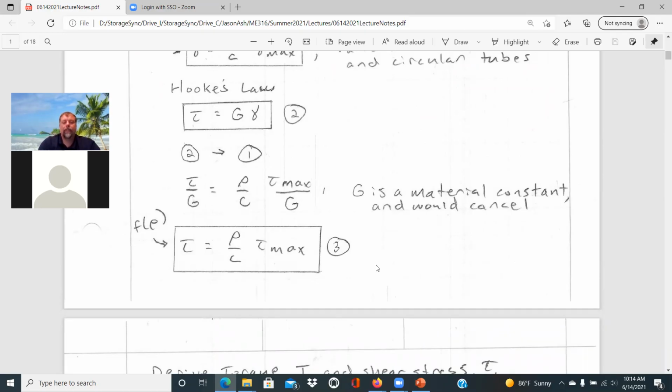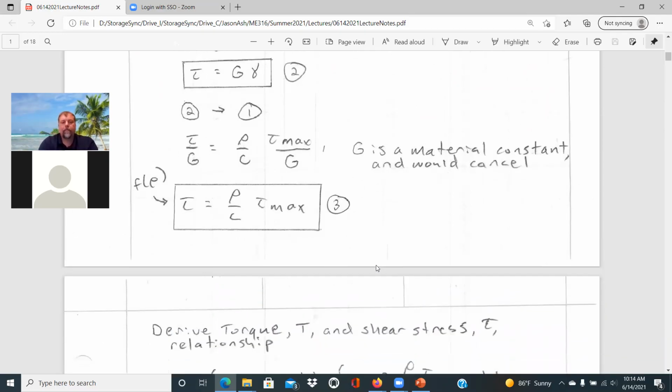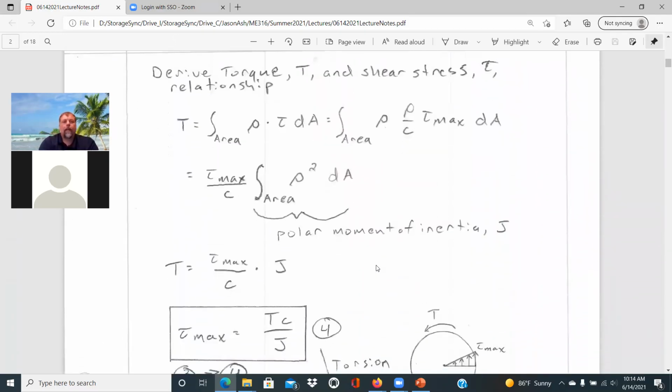Now looking at the shear stress that develops, we can derive that torque and shear stress tau relationship. What is that relationship between the torque and the shear stress?